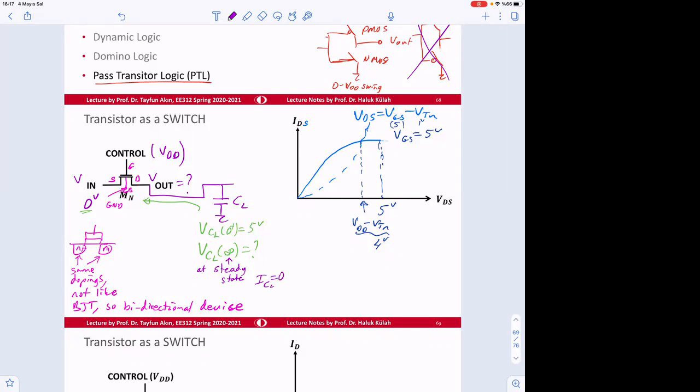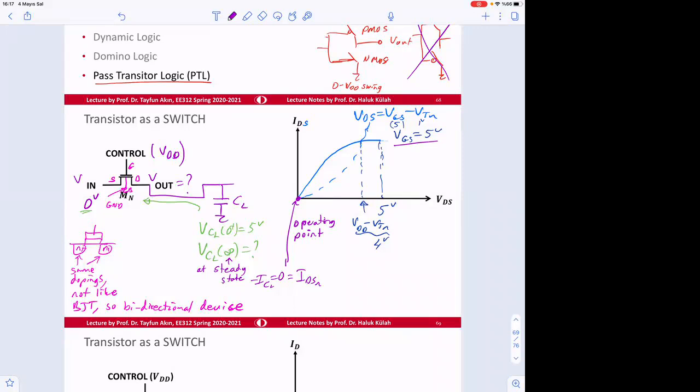So that ICL or minus ICL is equal to I drain to source of N. So that should be equal to 0. So that's why we are going to be here. This is the operating point, because gate to source is 5 volt and the current is 0 at steady state.